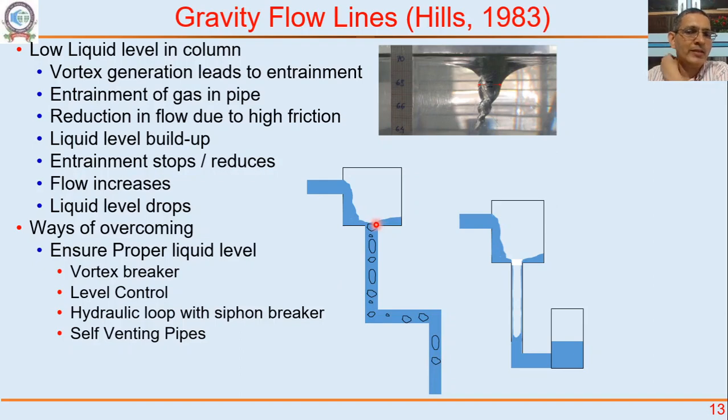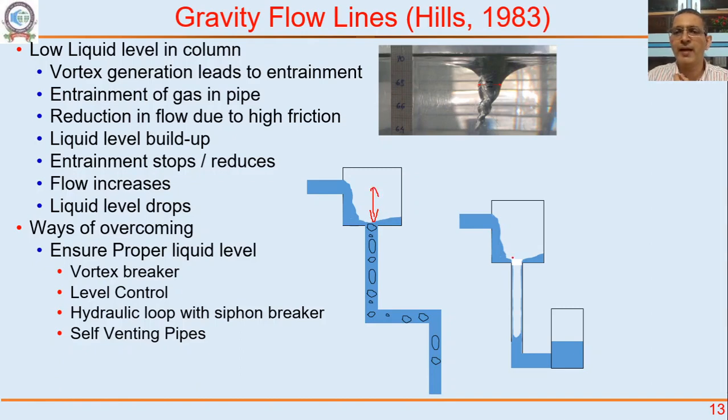But once the liquid level rises, this vortexing action stops and then I get liquid only, and liquid requires less pressure drop. So now I have more head, liquid is driven out at high velocity, so this tank partly drains. So alternately, tank fills and drains, fills and drains. The tank level goes up and down, and that causes disturbances in the flow.